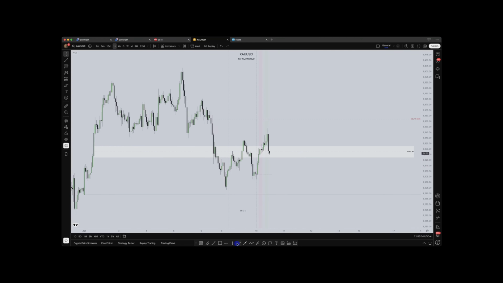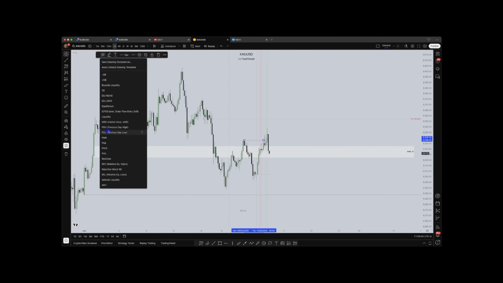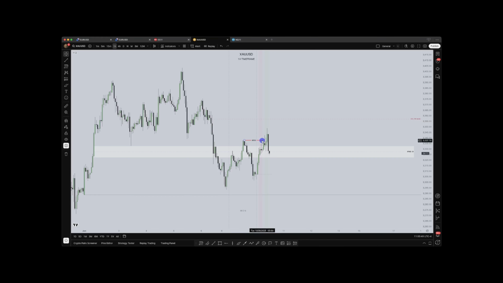The thing I'm observing now is this market structure shift here. For the moment bullish.